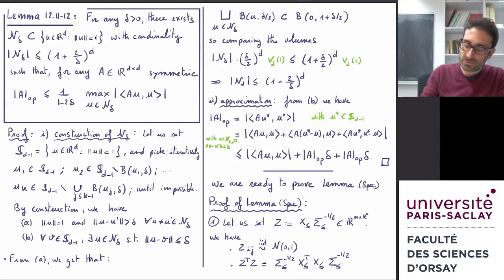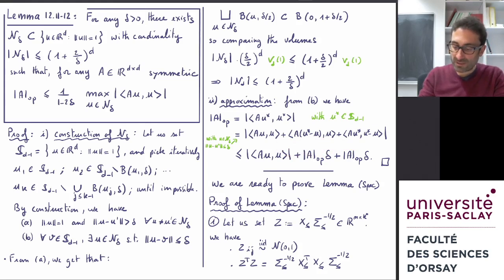If I use the Cauchy-Schwarz inequality, I will have that this is smaller than the norm of u star minus u times the norm of u, but the norm of u is equal to 1, so this is just the norm of u star minus u.